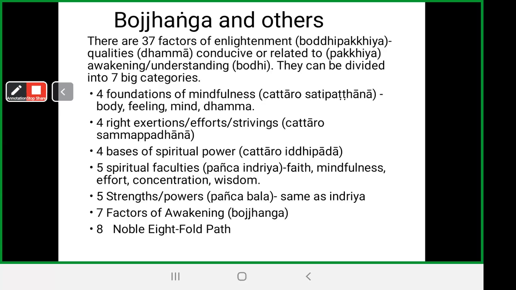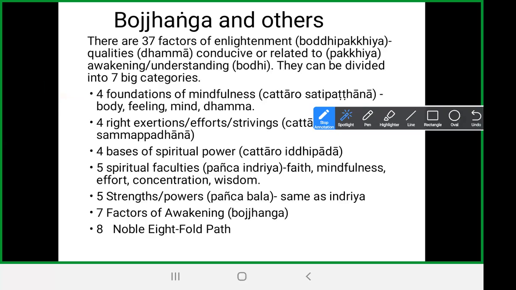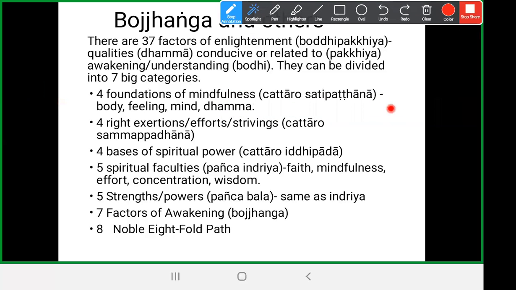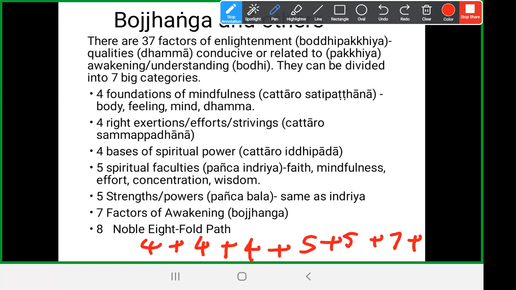All right. So how are you going to remember this? If you are good in maths, just remember 4, 4, 4, 5, 5, 7, 8. So 4 plus 4 plus 4 plus 5 plus 5 plus 7 plus 8, you get the 37 factors of enlightenment.